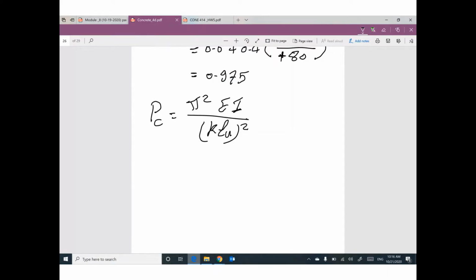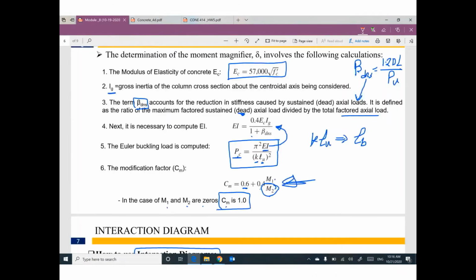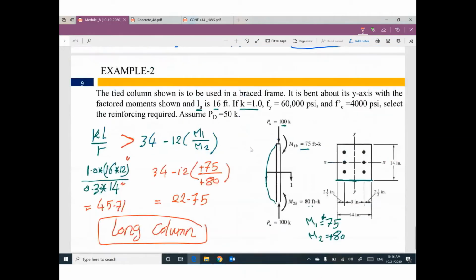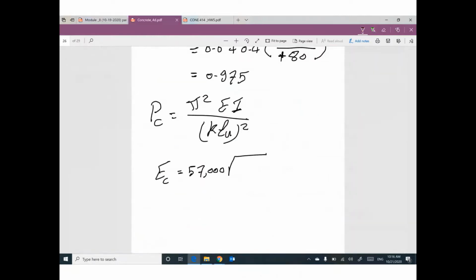E of concrete equal 57,000 square root of f prime c. What is the value of f prime c? 4,000. So the value of E concrete is 3604.996 psi.